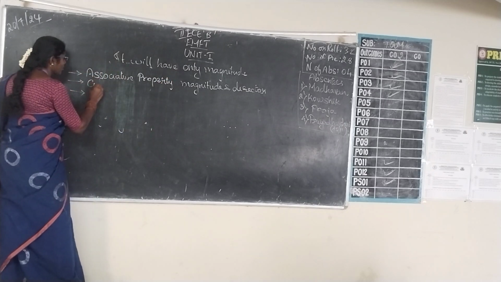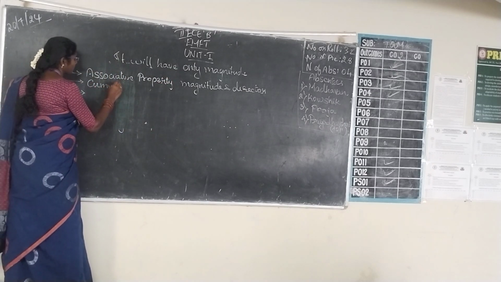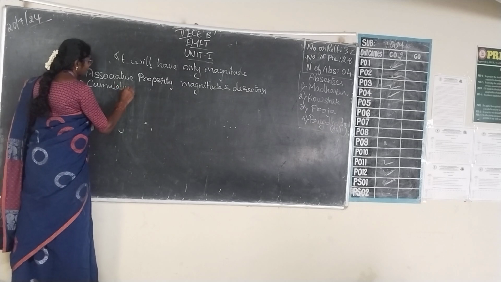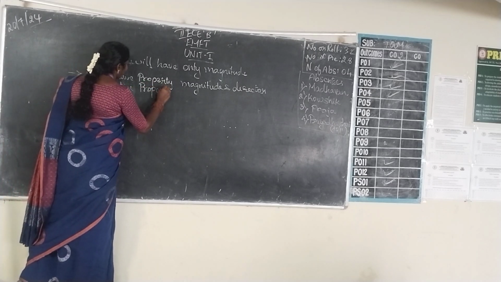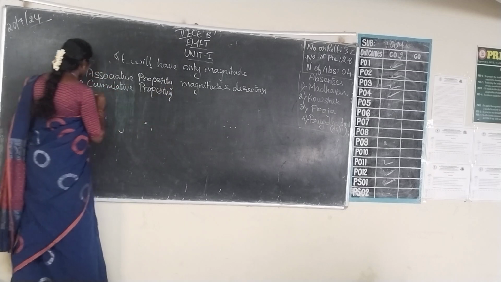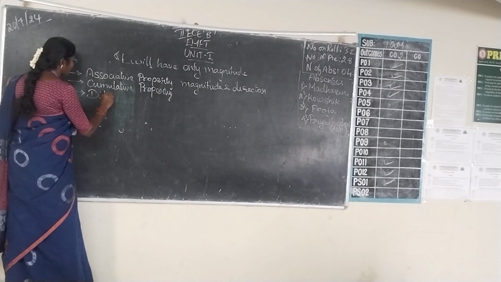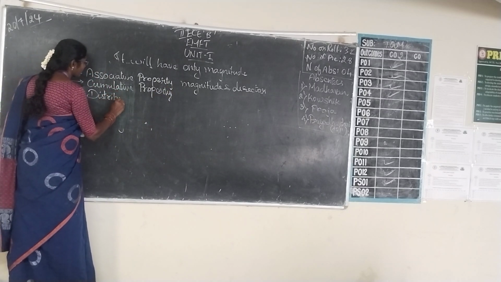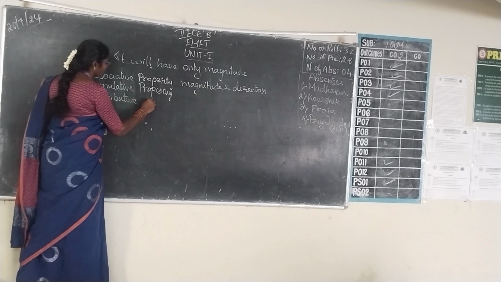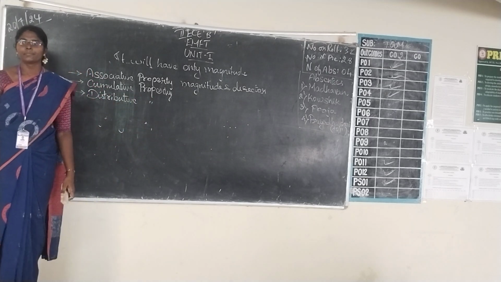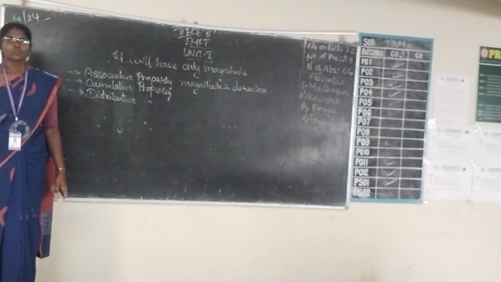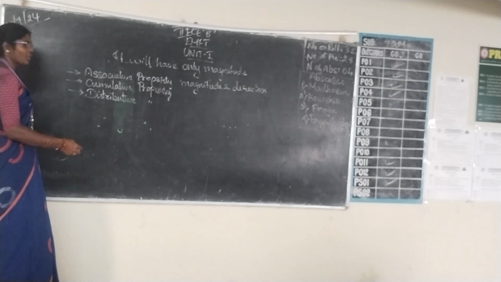The next is the commutative property, and the last one is the distributive property. What is the associative property then?